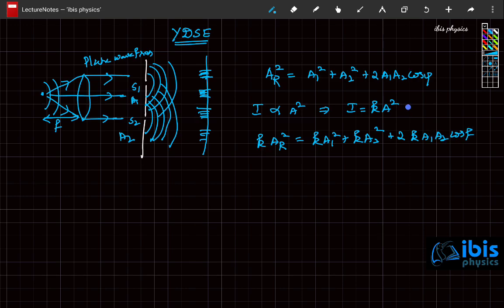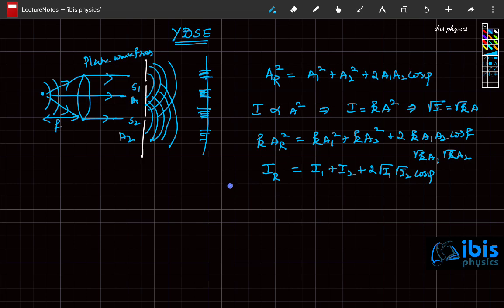So k times A resultant squared is equal to k A1 squared plus k A2 squared plus 2 k A1 A2 cos phi. When I take the square root, root k times A is root I. So k A resultant squared is I resultant. Here I write root k A1, which is actually root I1, and root k A2, which is root I2.